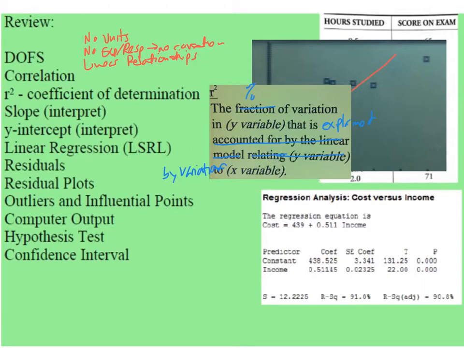So for our first example here about hours studying and score, whatever the R squared was, we'd say that's the percent of variation in score on exam that can be explained by the number of hours studied. Okay, let's now interpret the slope.